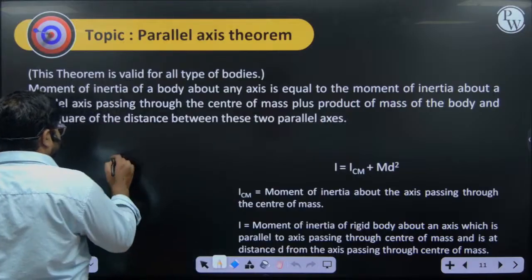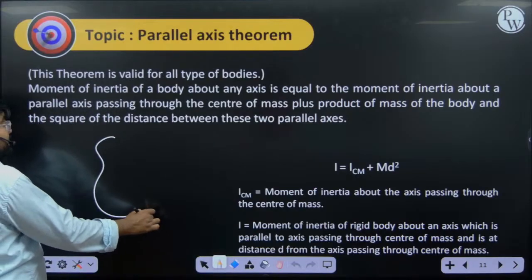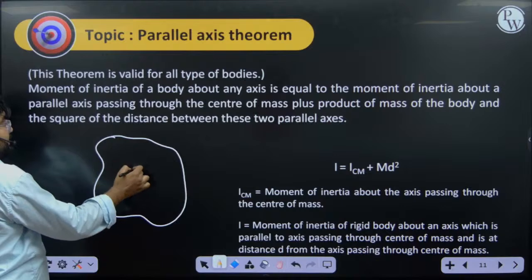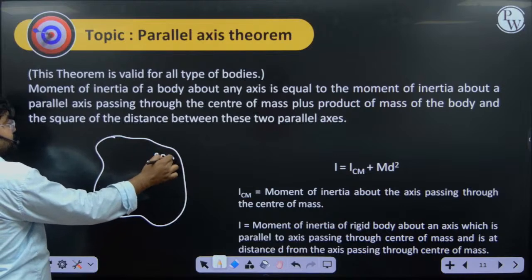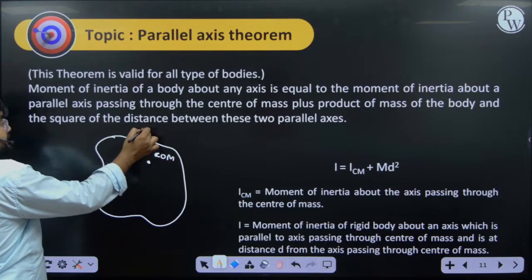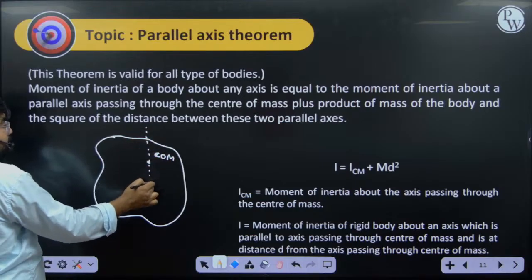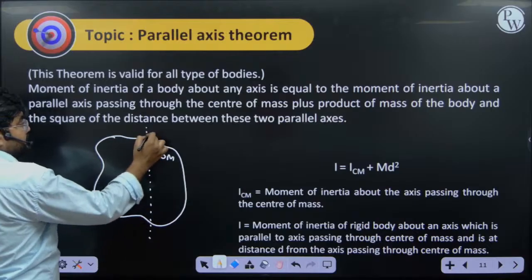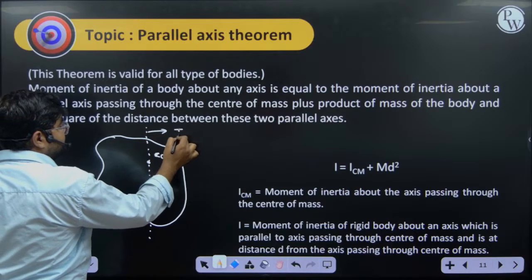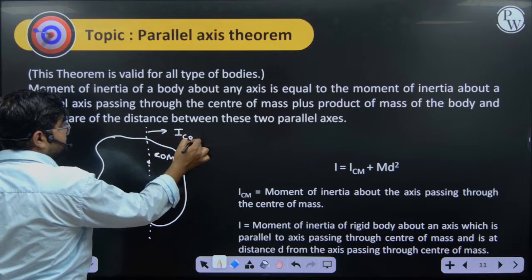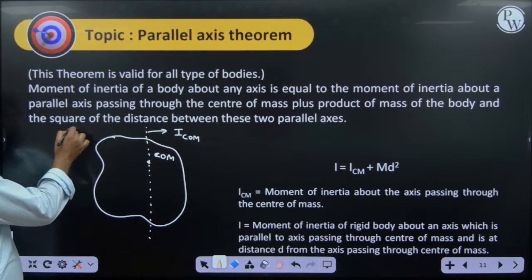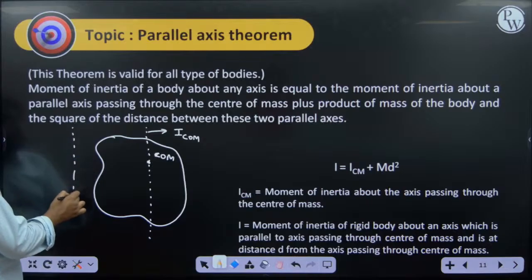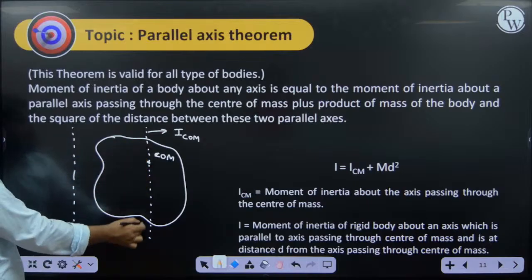Suppose we have a 3D body, and here is the center of mass of the body. This is an axis passing through the center of mass, and about this axis the moment of inertia is ICOM. Now this is another axis parallel to this axis.